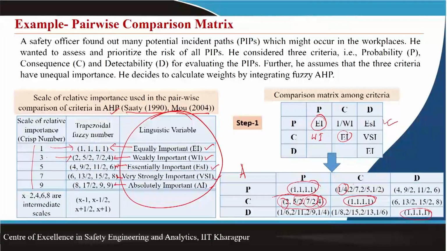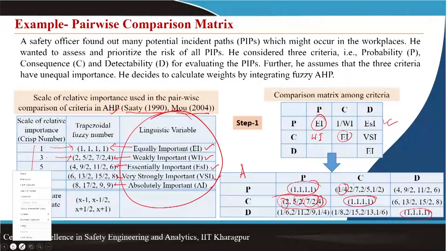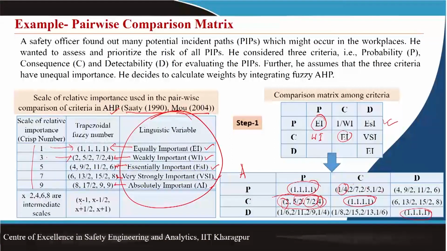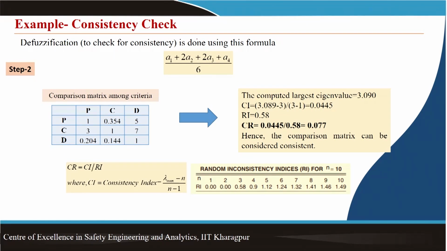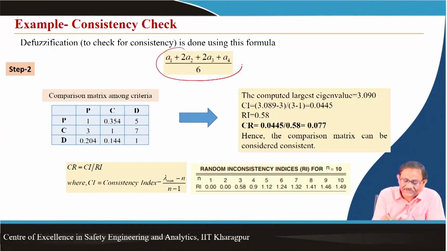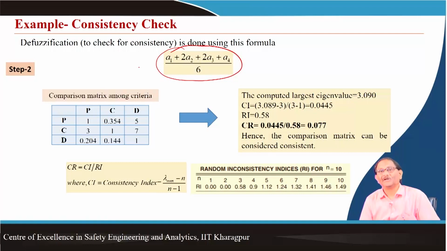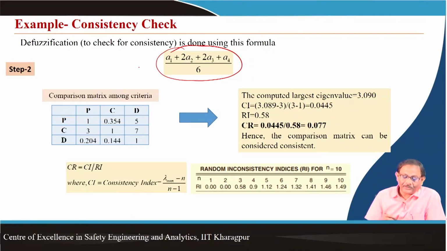But when you are converting into a fuzzy scale, in each cell there are 4 values, you have to defuzzify, then only you will be able to get the eigenvalues of it. So that also we have done. After that we use the defuzzification formula. Earlier we used a different formula, the center of gravity formula, but here we have used this defuzzification formula.